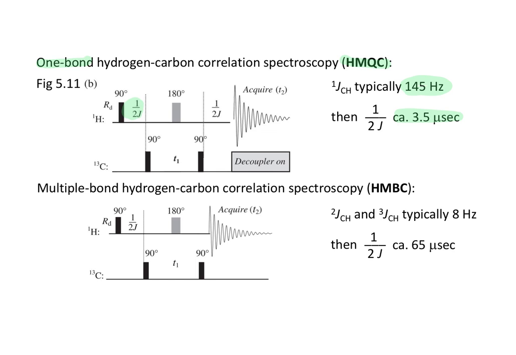On the other hand, for multiple bond hydrogen-carbon correlation spectroscopy, literally heteronuclear multiple bond correlation, we're now aiming for the smaller coupling constants for 2 and 3 bond carbon-hydrogen couplings.